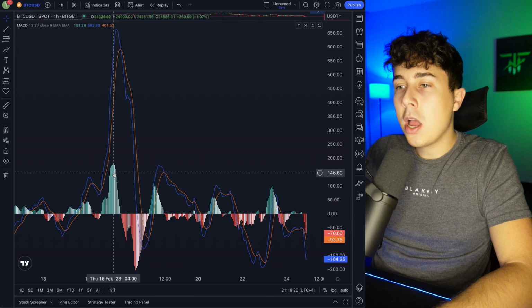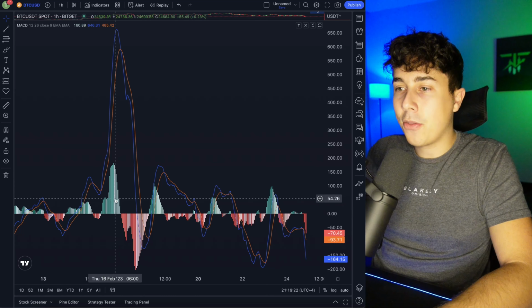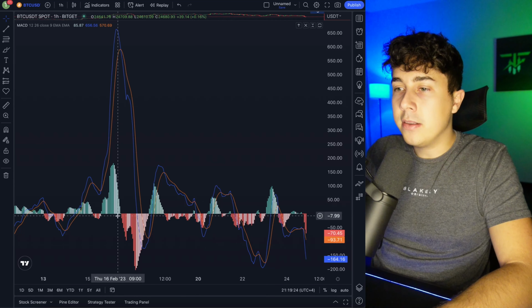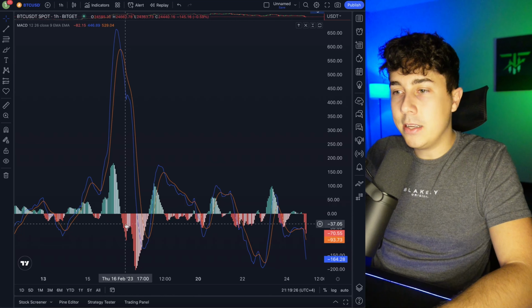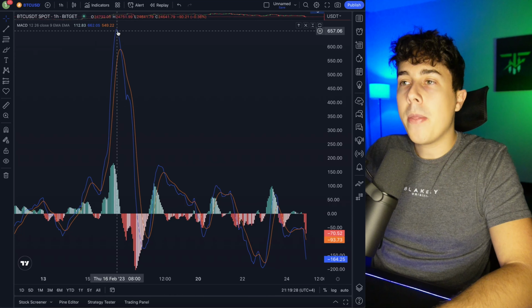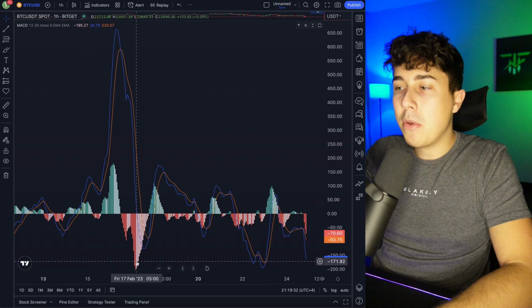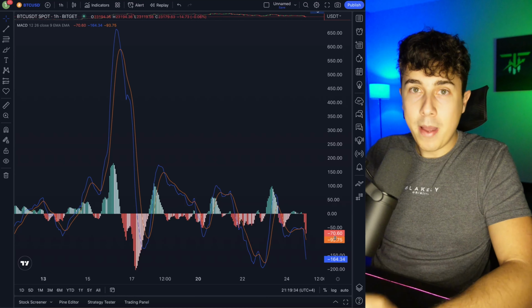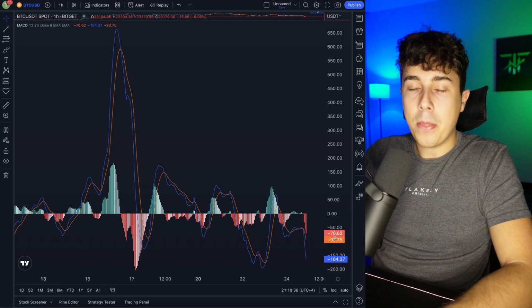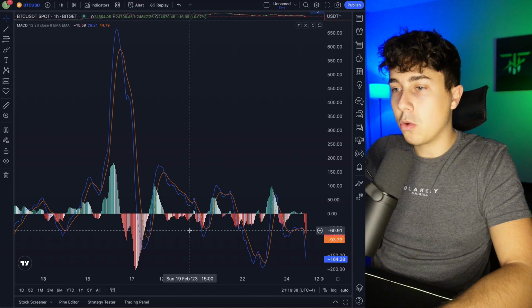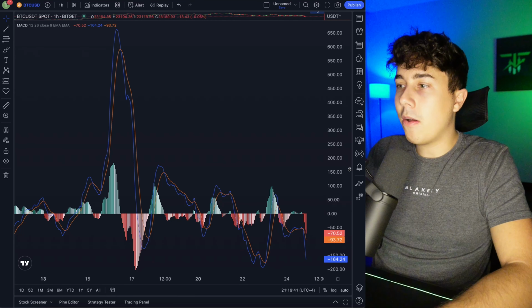Then they switch to the bright candles here in green. And after this, the histogram switches directly to red. This is the point where the MACD crosses our signal line. So this is very good information for the momentum, and it's very nice to see with the histogram here.